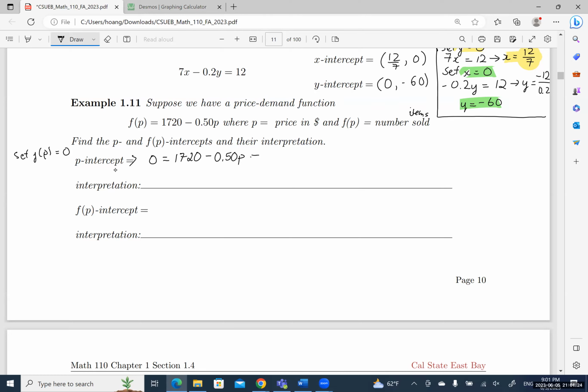So you can subtract both sides by 1720, and you have negative 1720 equal to negative 0.50p, right? And now you will multiply by negative 1 both sides. We'll have 1720 equal to 0.5p.